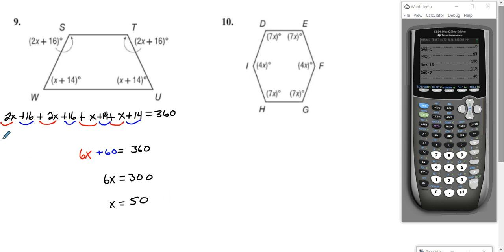Okay. All right, so now we need to plug these in. Measurement of angle S, measurement of angle T, measurement of angle U, measurement of angle W. S. Okay, so 50 times 2 is 100, plus 16 would be 116.